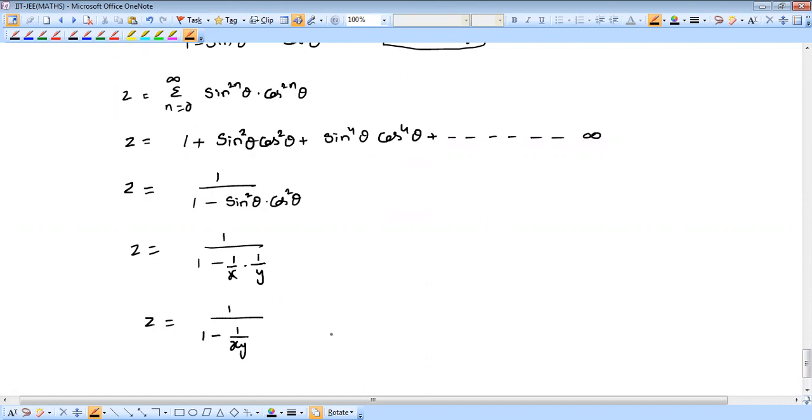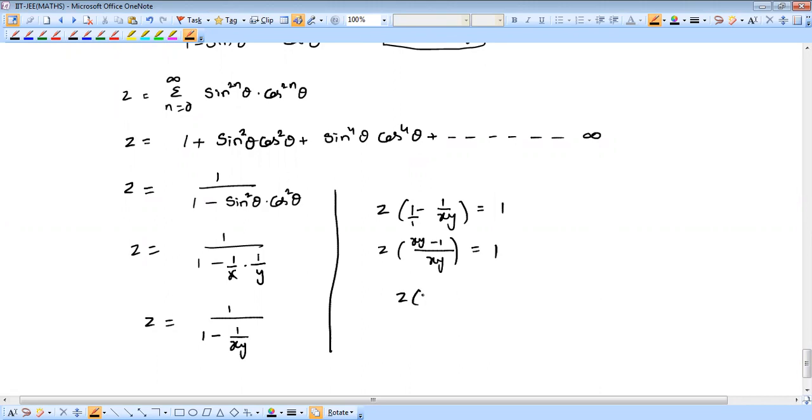Now what I'm going to do is very simple. I'll do cross multiplication: z(1 − 1/xy) = 1. The LCM of 1 and xy is xy, so z(xy − 1)/xy = 1.